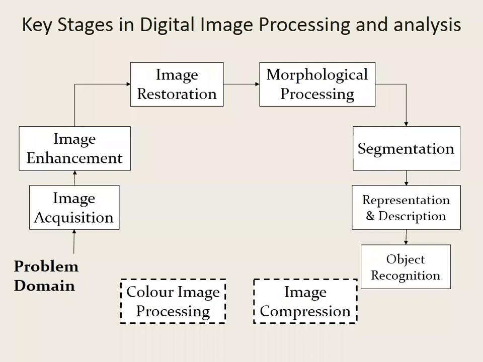Once we have the data required, we can use it for image processing, image analysis, and image recognition. As we said last time, there are different steps during image processing and analysis. The major thing is whenever we think about acquiring image, there is a problem that we want to solve. Think of a problem. A problem is nothing but a gap observed between what's expected and what's already available.